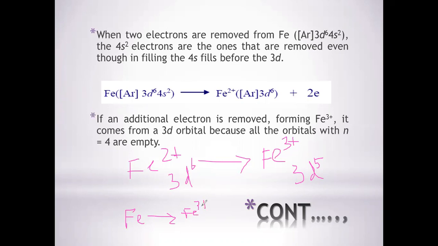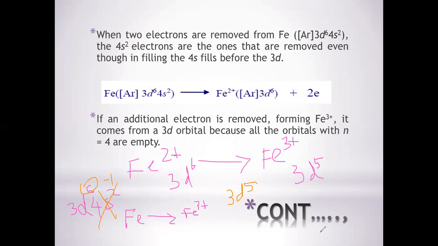What is the electron configuration? You have the 4s2 there, before that the 3d6 is there. Yes, 3d6 is there. So what is happening here? First the 4s2 will lose the 2 electrons. Then the 3d6 will lose 1 electron and become 3d5.